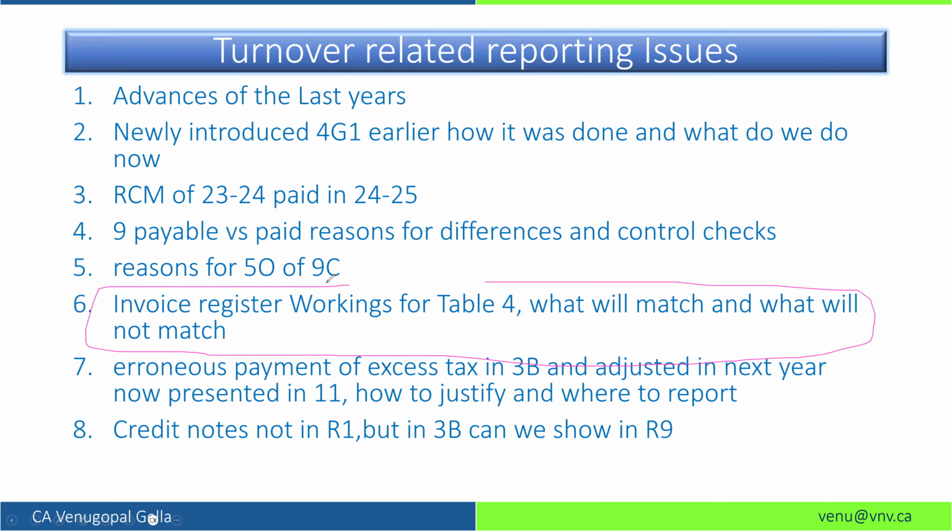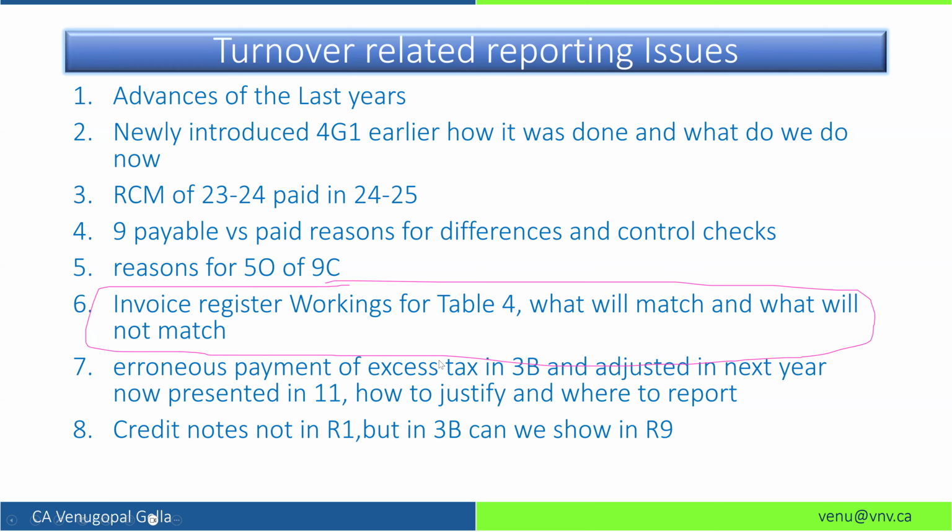Whatever value you are reporting in your table 5 of 9C should have an invoice-wise matching, because what goes to GST turnover is only the turnover on which the tax is payable. What is in the P&L is the accrued thing. So your 5P of 9C should have an invoice-wise register.